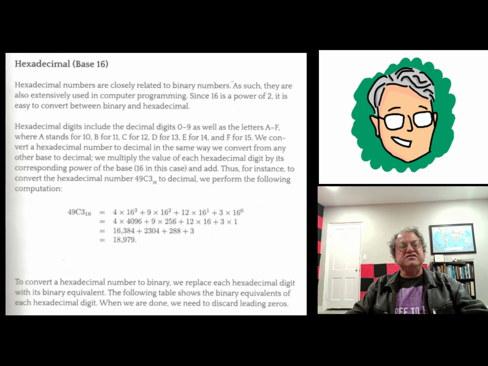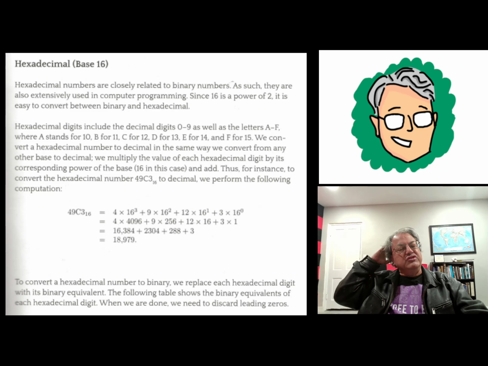So now let's convert this number 49C3, which is written in base 16, to decimal. We just do it the same way as we would do any other base. There are four hex digits in this number. That means the most significant digit, the one on the left, represents 16 cubed.